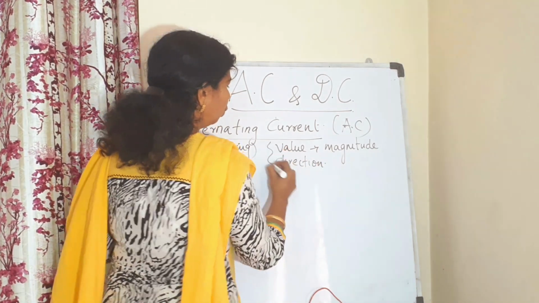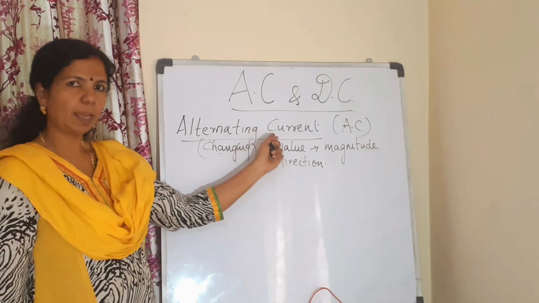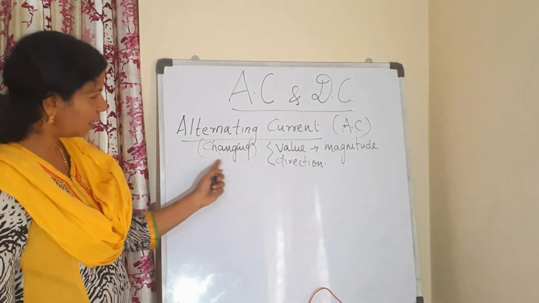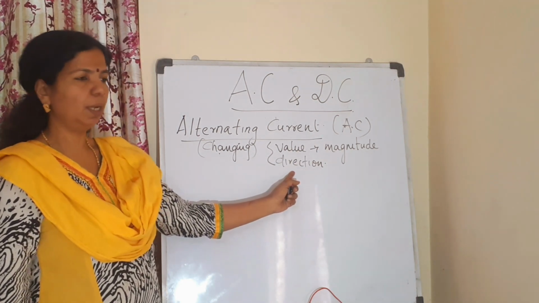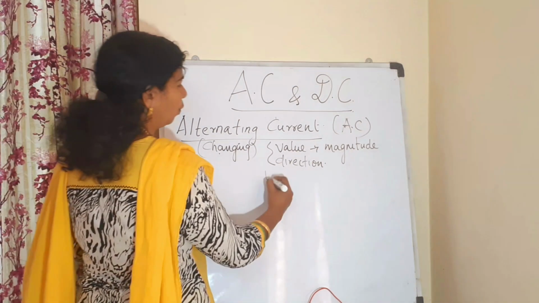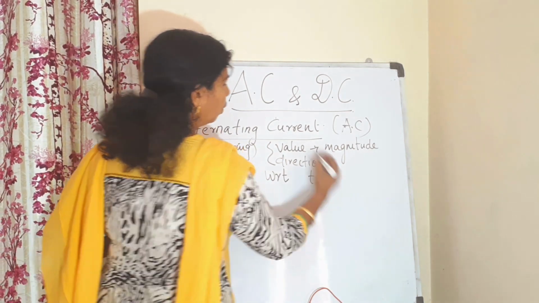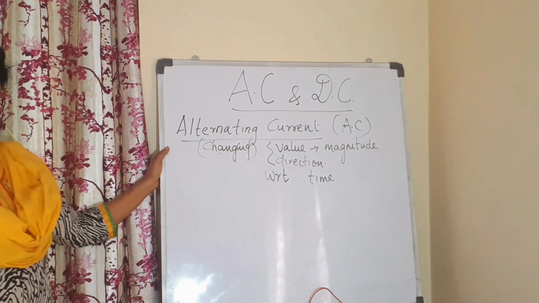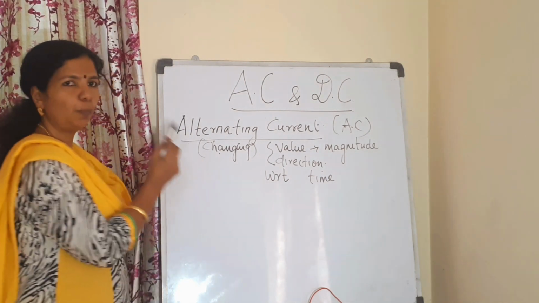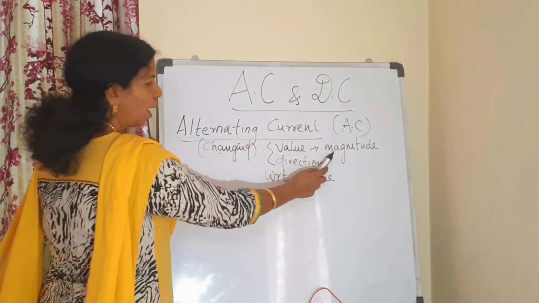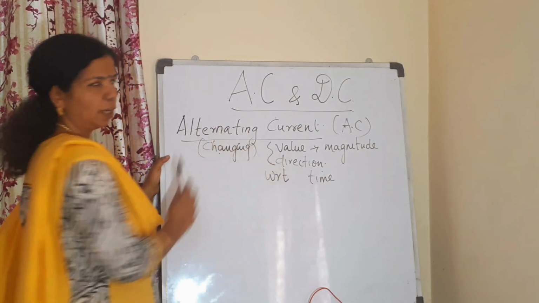Alternating current is a current which changes its magnitude and direction with respect to time.